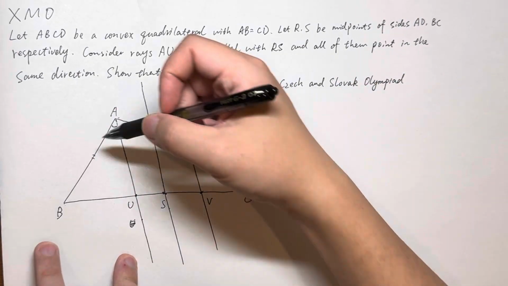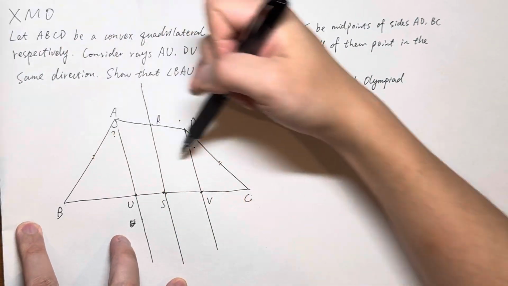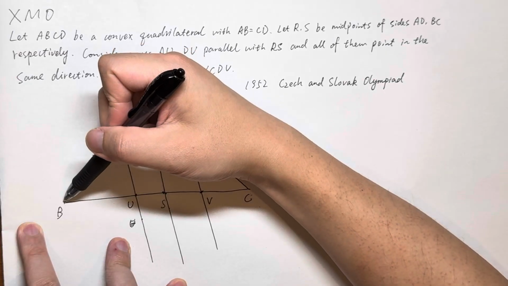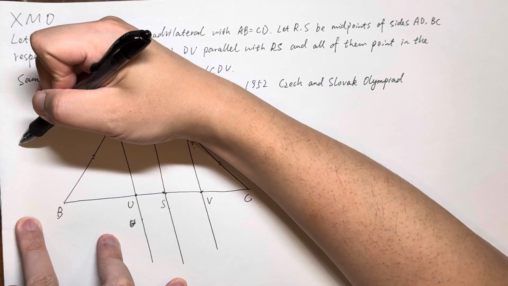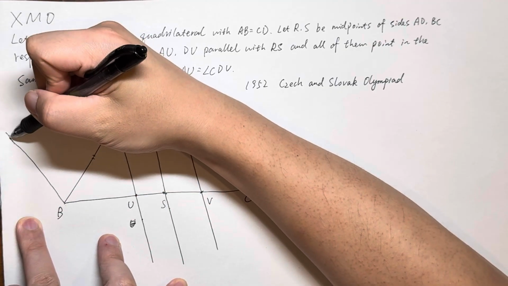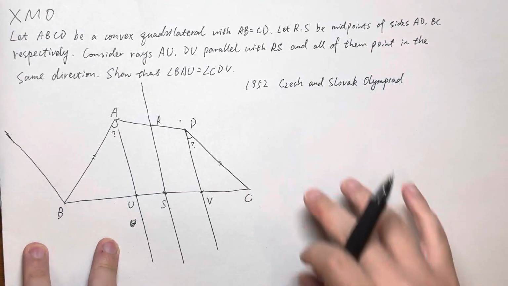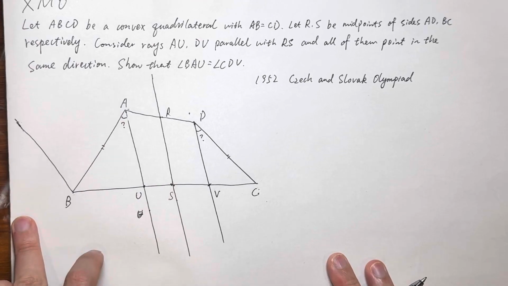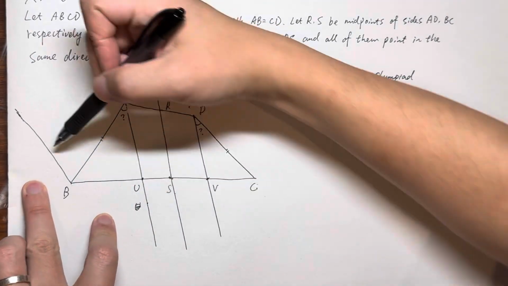Right, so here we can do this. We can pass through point B to find a parallelogram. Right, maybe I'm not drawing it in a good shape.